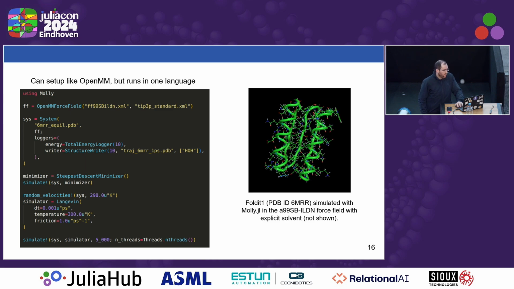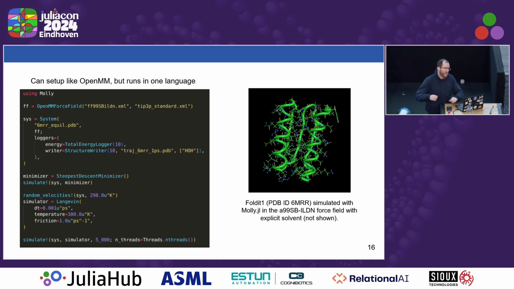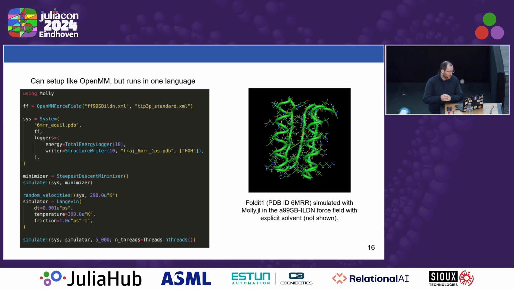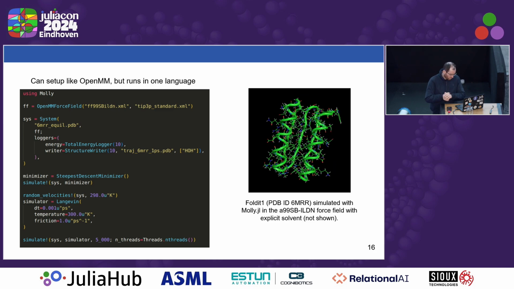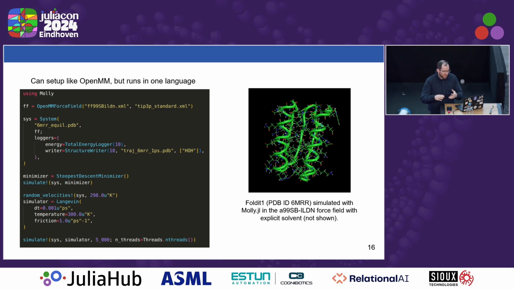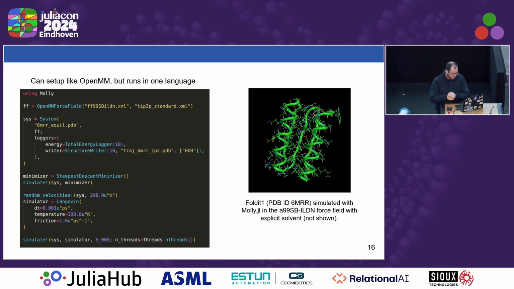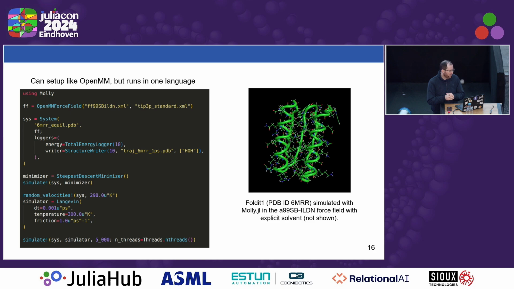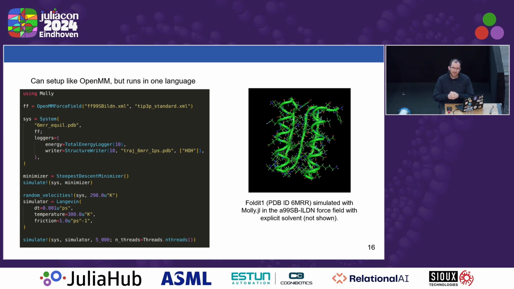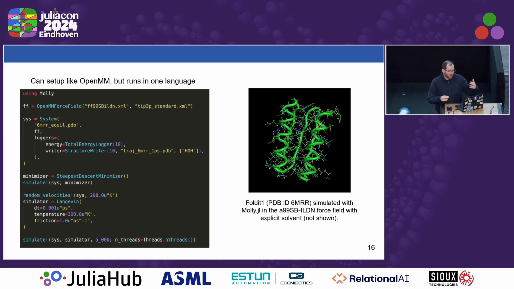You can also set up, like in OpenMM, where you read from a PDB file and from a force field file. So we read in the force field, passing an XML file. We can also read in Gromacs files. And then we set up the system using a PDB file. In this case, we're also using loggers. So loggers track properties throughout the simulation.